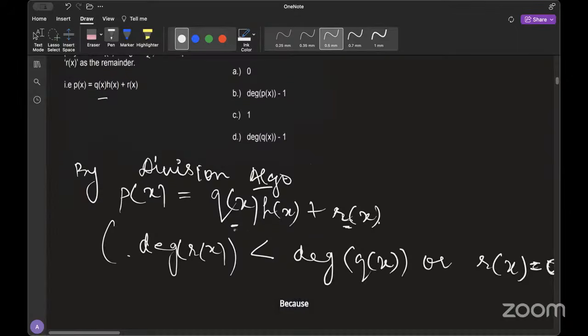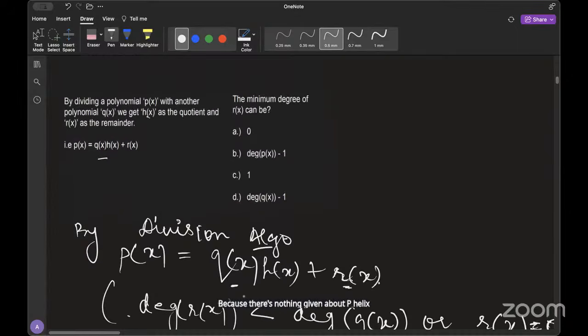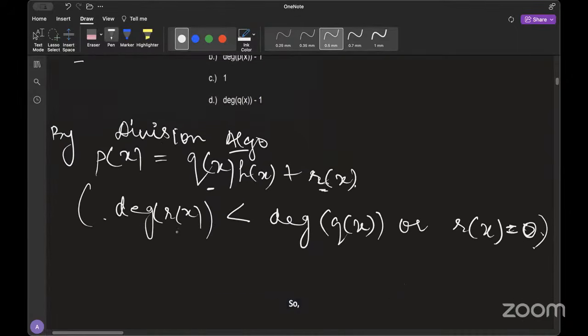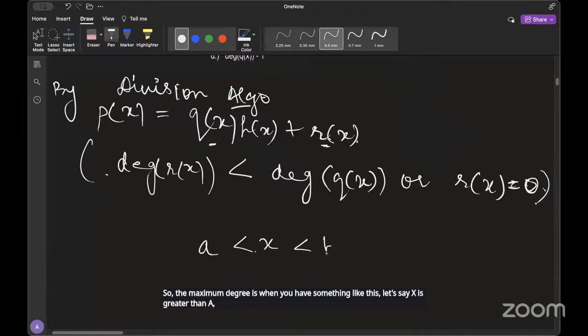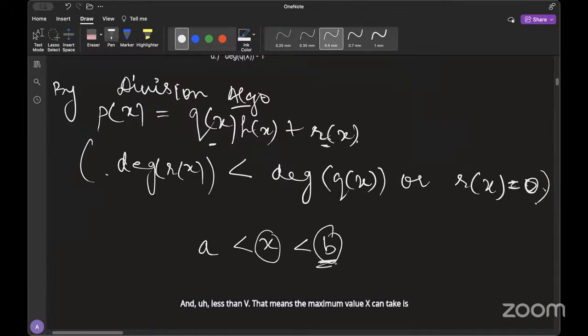There's nothing given about Px, Qx in any of it, right? So the maximum degree is when you have something like this: let's say x is greater than a and less than b. That means the maximum value x can take is, not even b, but b minus 1, if these are integers.